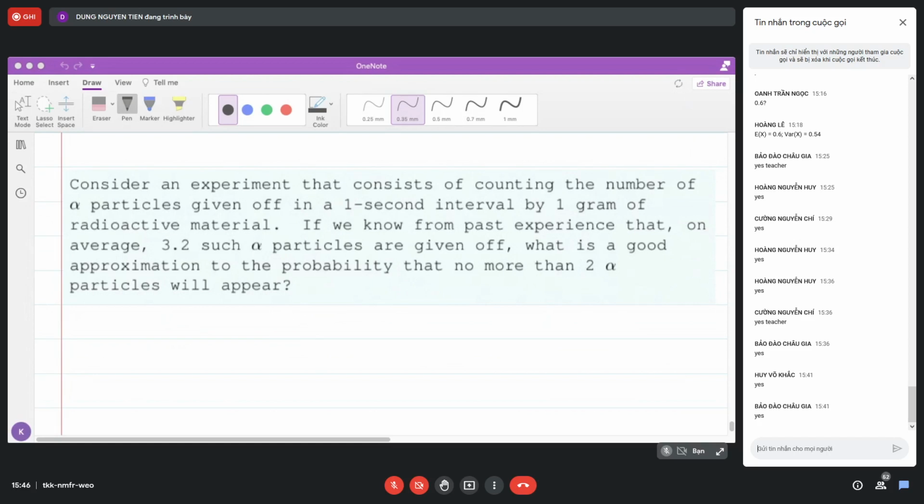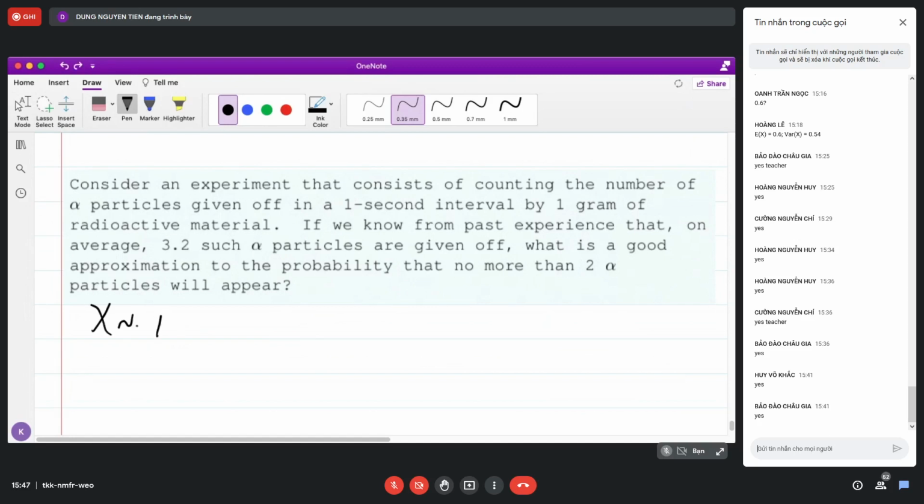Is it okay? All right. In this case, suppose that X follows a Poisson.